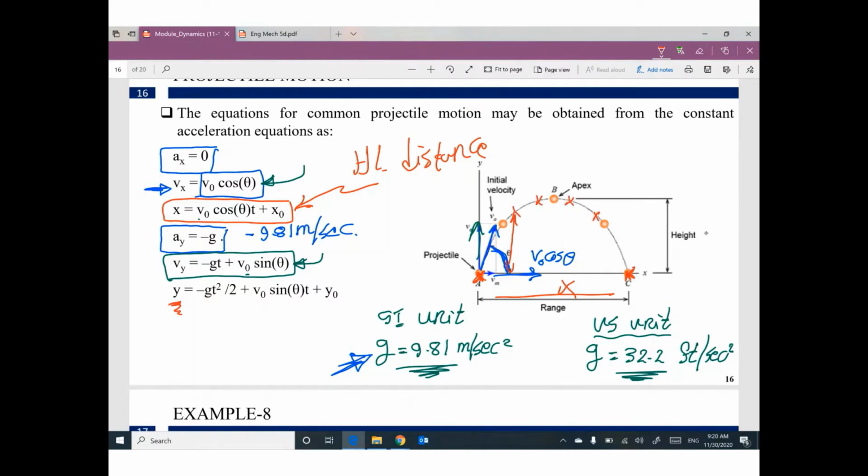For example, at this location, I can figure out the height of this projectile at this destination. So the x and y equations can give you the coordinates of the projectile at any time T. These equations will help you to figure out the properties of the projectile motion.